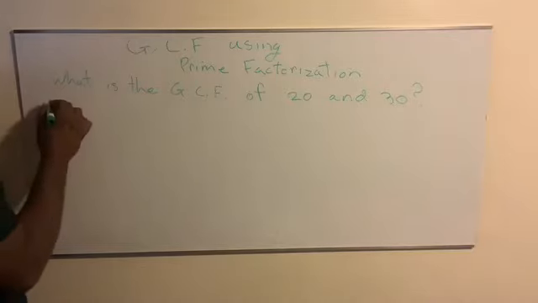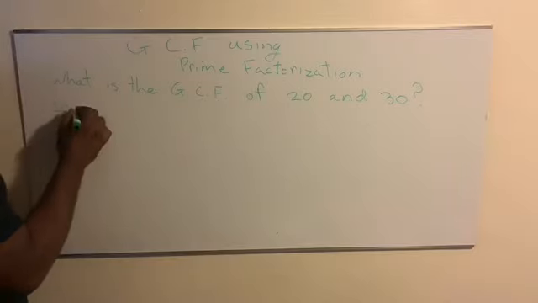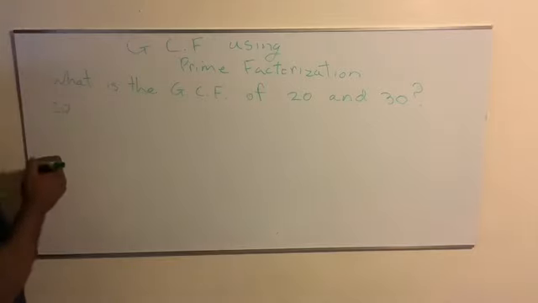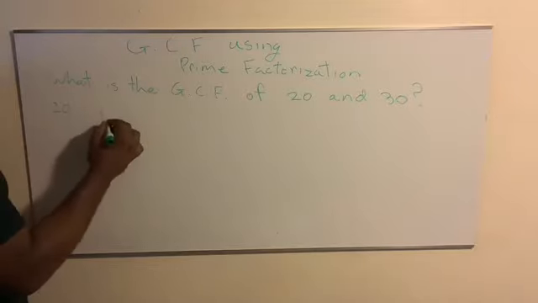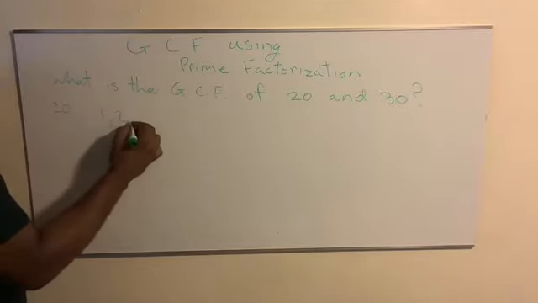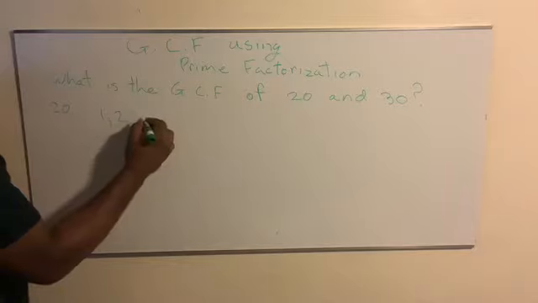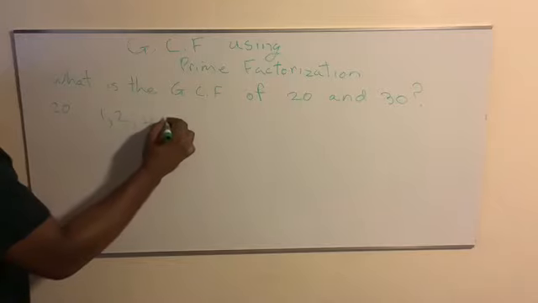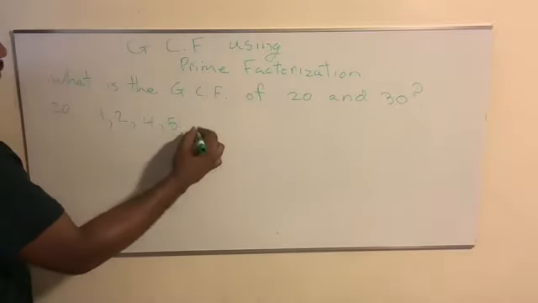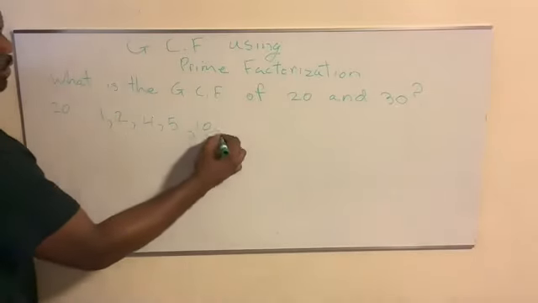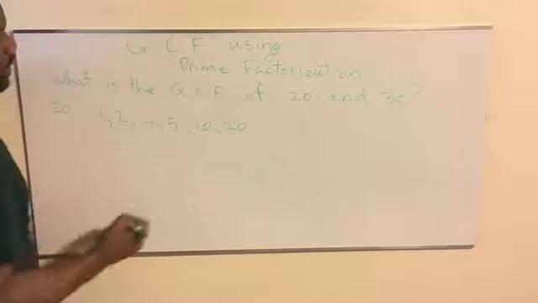So if I have 20, sometimes this is a little bit more tedious because you have to list all the factors. You have 1, 2, 4, 5, 10, and 20.